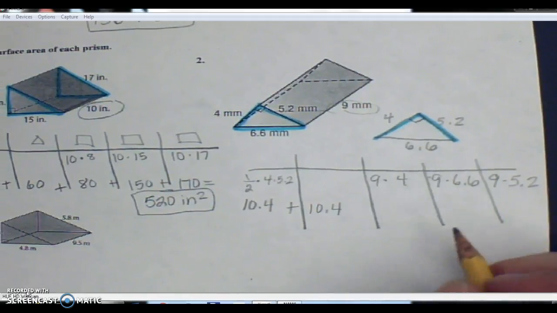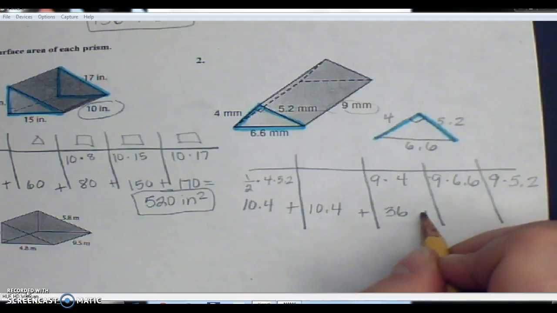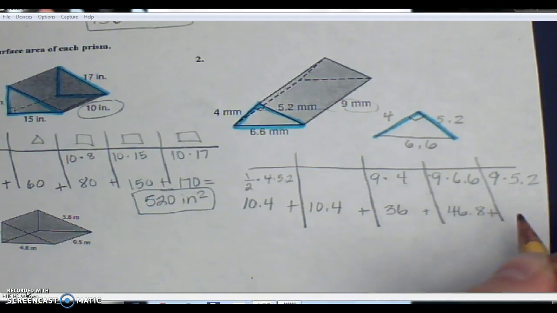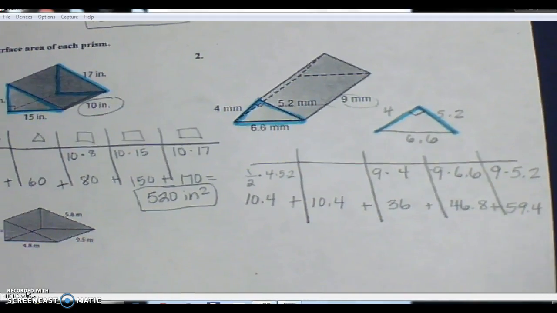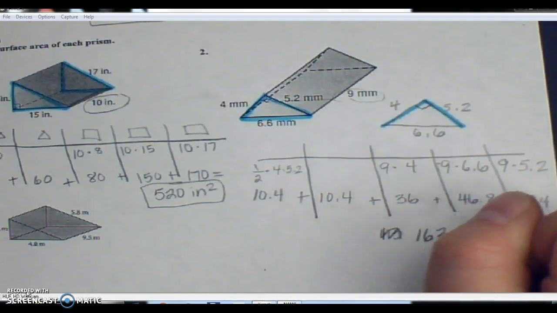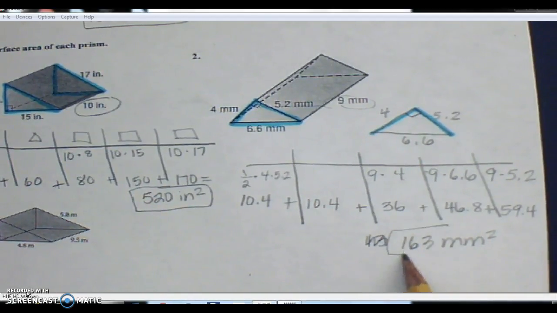So when I type those in my calculator, I'm going to add all those up, and I get 163 millimeters squared.